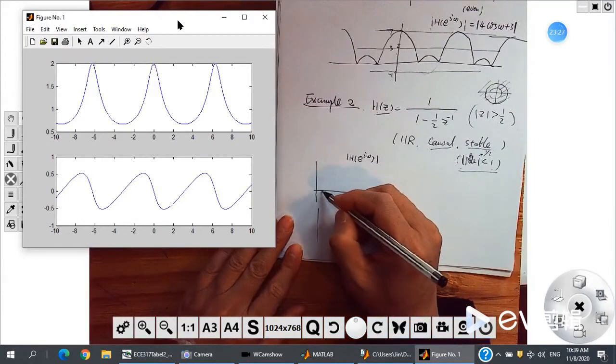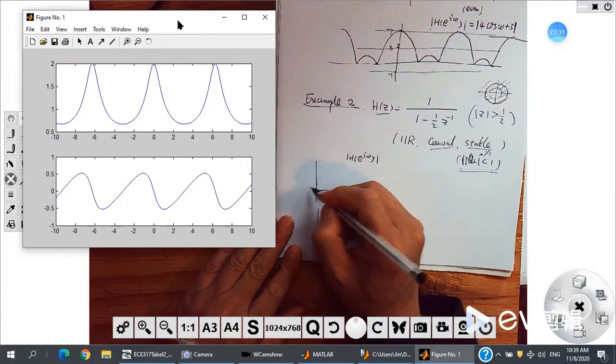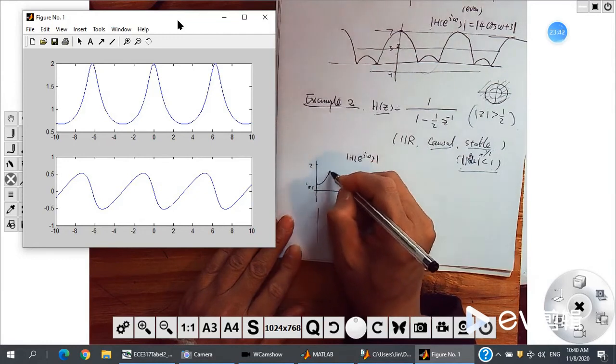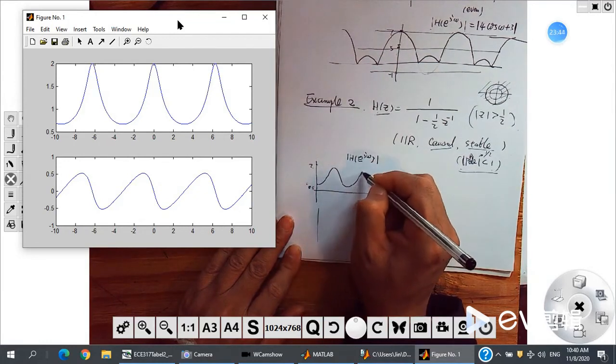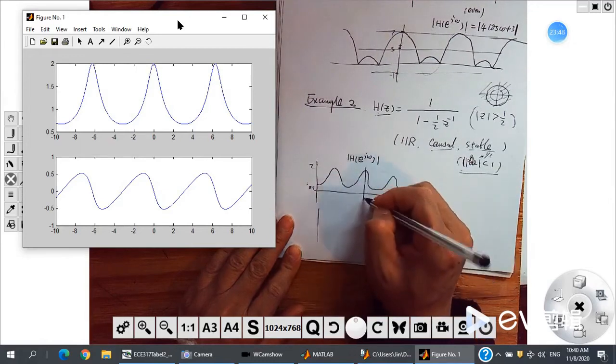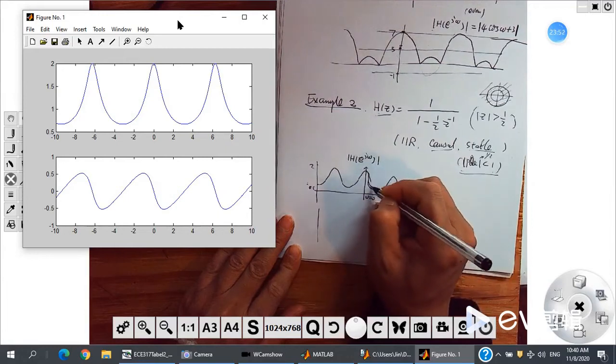Okay, this one is from 0.5, more than 0.5 maybe, but 0.5 is some point here. Then the maximum value is 2, so it looks like this. And omega equal to 0 is here. Things look like this.